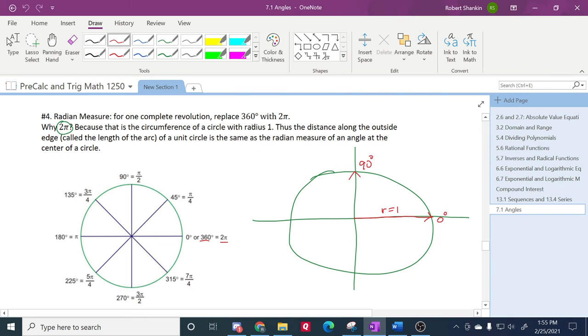But then we'll convert it to radians and do all our computations in radians, and we might convert back to degrees at the very end to report the answer to the public, because they don't know what radians are. So if going all the way around, instead of calling it 360 degrees, we call it 2 pi radians.